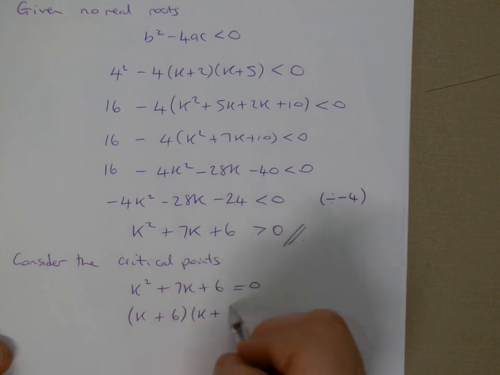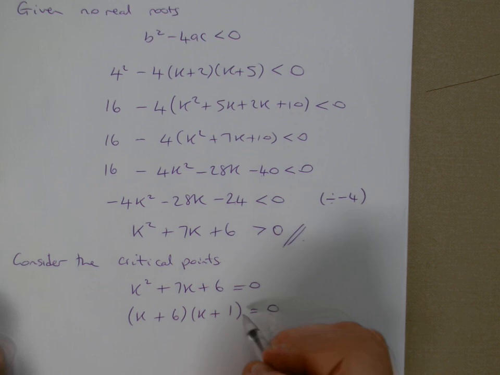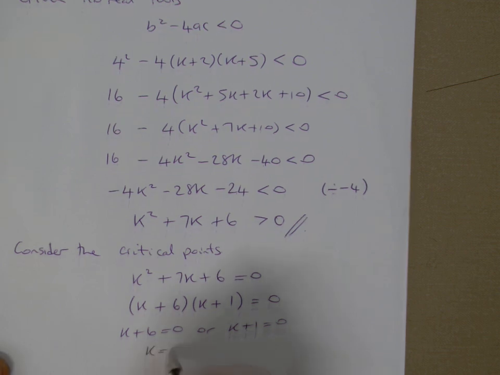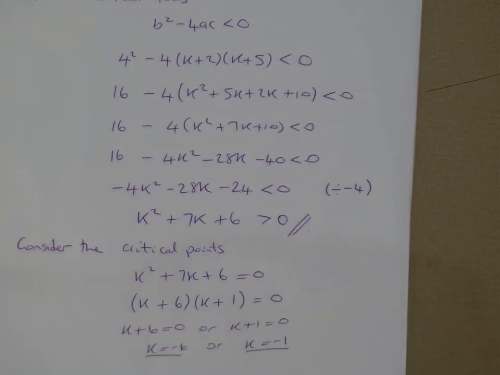So if we factorize that quadratic, then we'll work out the values of k where the quadratic is 0. So k plus 6 is equal to 0, or k plus 1 is equal to 0, which means then we get k is equal to minus 6, or k is equal to minus 1. Okay, so those are the two solutions there.